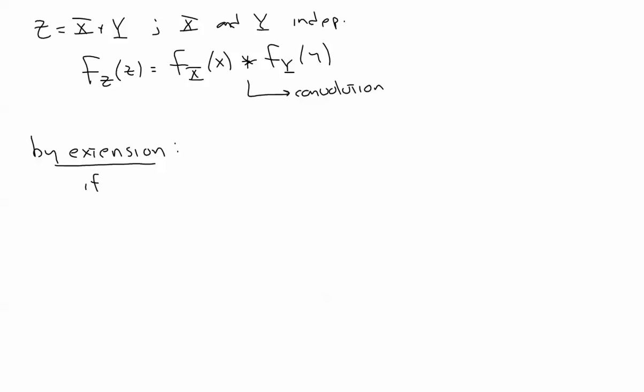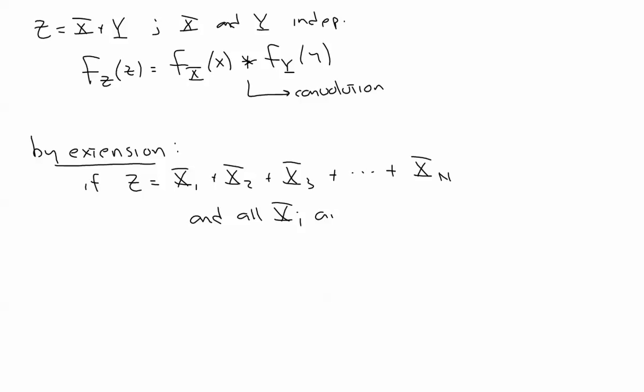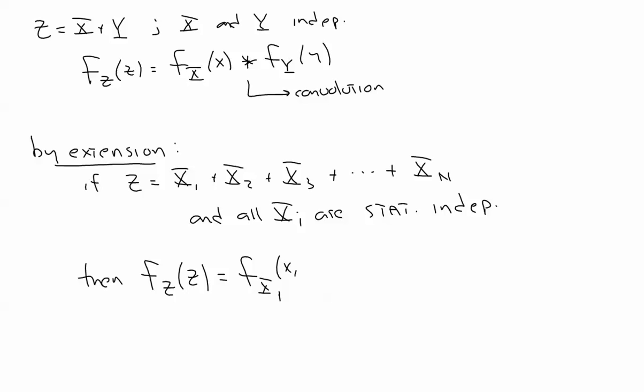By extension, if z equals x1 plus x2 plus x3 plus up to xn, and all random variables xi are statistically independent, then the probability density function for z is always just the composite convolution.